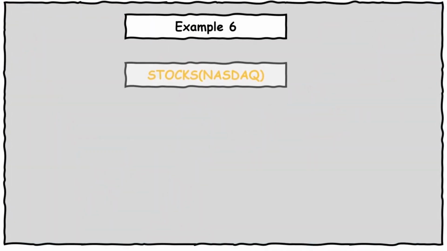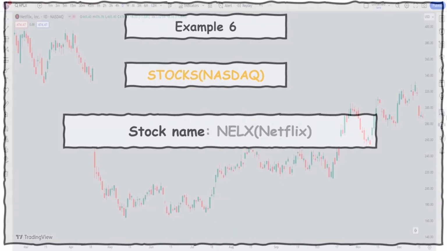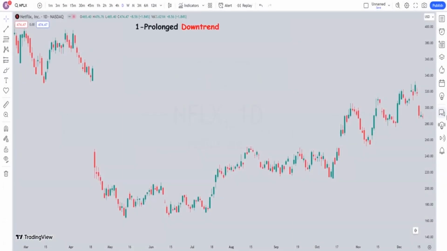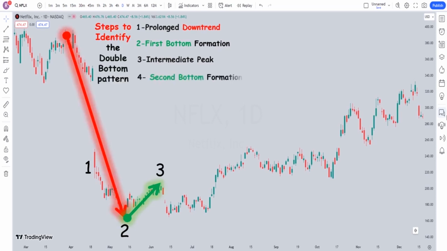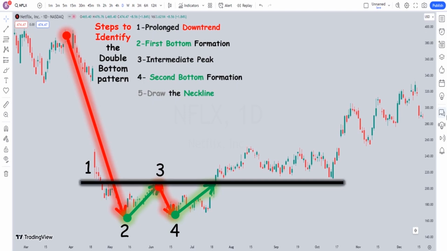6, stock name NFLX, Netflix. 1, prolonged downtrend. 2, first bottom formation. 3, intermediate peak. 4, second bottom formation. 5, draw the neckline. 6, break above neckline.